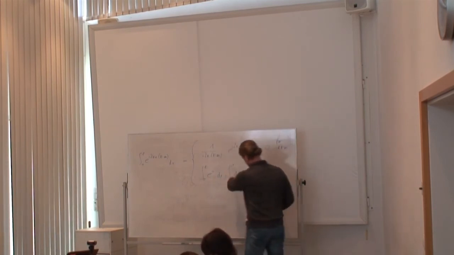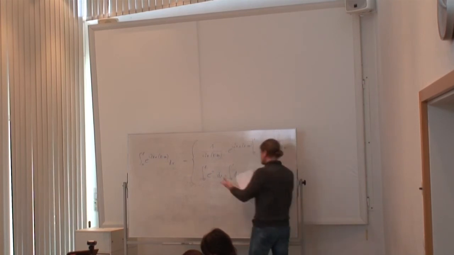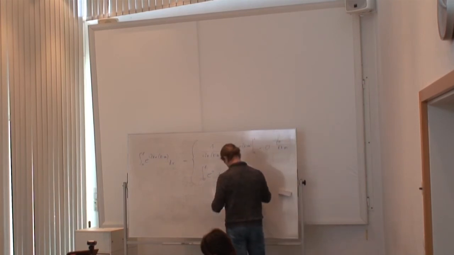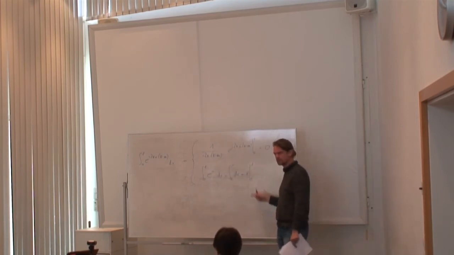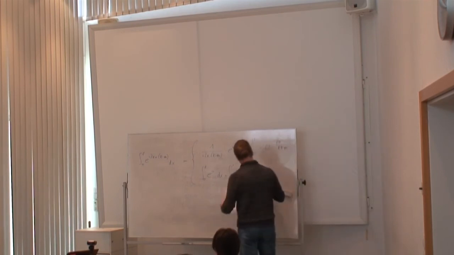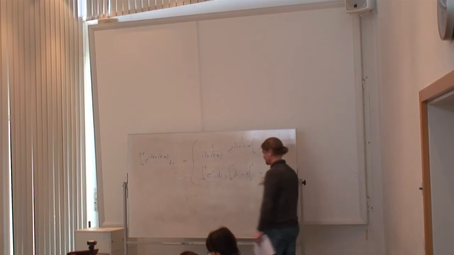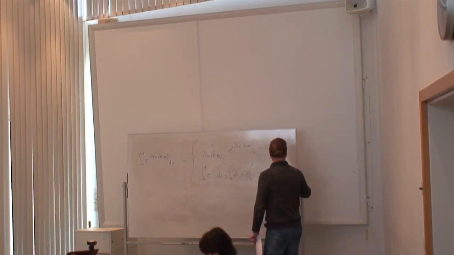So we have the integral from 0 to 1 of dx, which is x evaluated at 0 and 1, and that is 1 minus 0, which is 1. This is for k equals m.